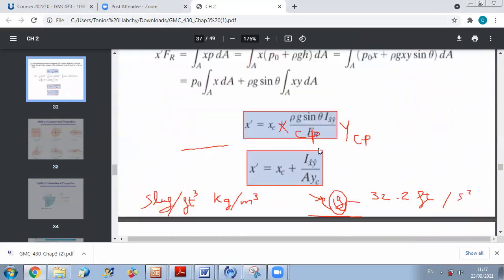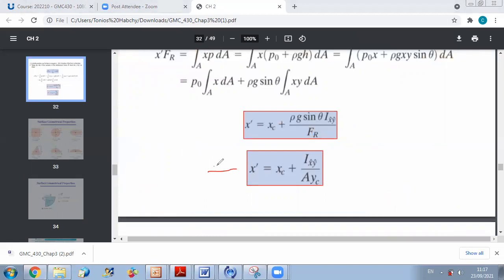As you can see here, the location of the center of pressure is xc plus the product Ixy over A yc. When we derived this equation, the condition was that you can apply it if P0 is negligible compared to the pressure created by the fluid.